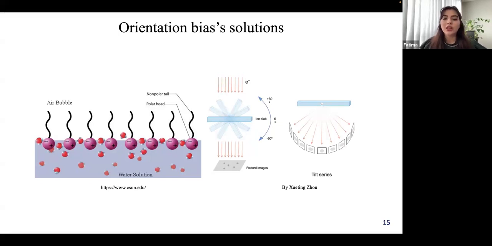Imagine you have a limited orientation of the particles, but what you can do is take a first picture, tilt your sample, take a second picture, tilt it, and so on. With this repeated process, although our particles are adapted to very limited orientation and view, we have a 360 view of our particles.